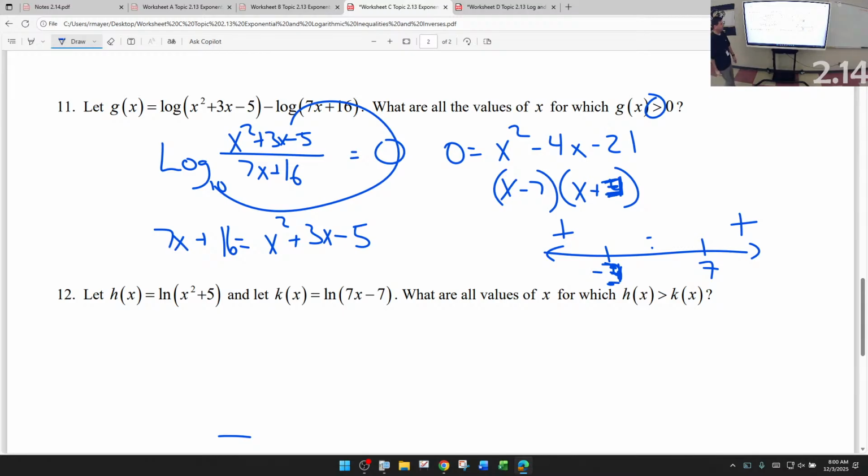But I do have an issue because we know right here, 7x plus 16 has to be greater than 0. You have to know that because you can't take the log of a negative. So if I move the 16 over there and divide by 7, I get x greater than negative 16 sevenths, which is like negative 2 point something.